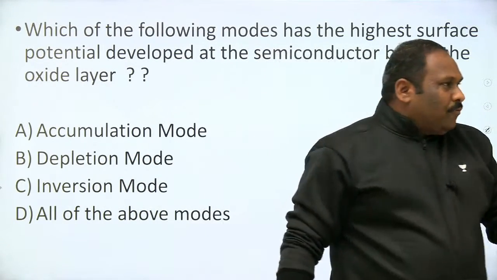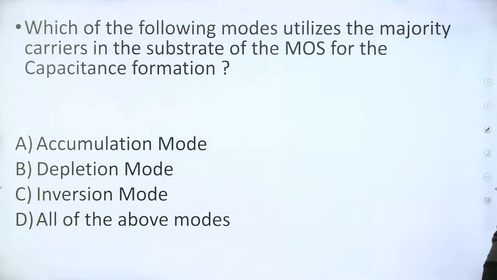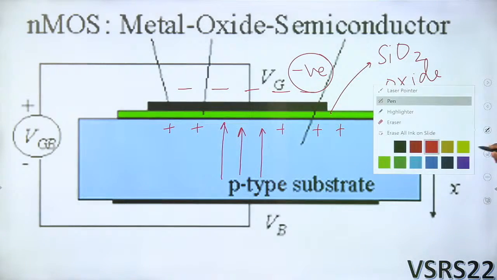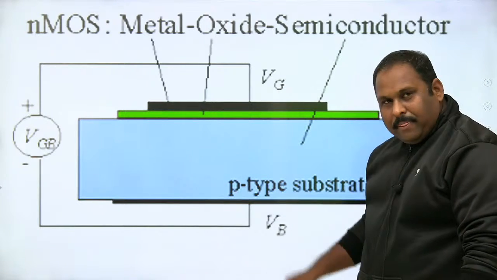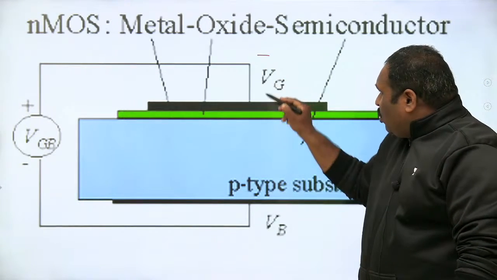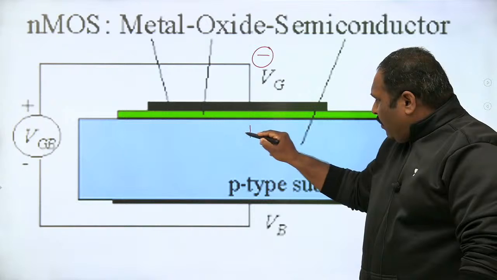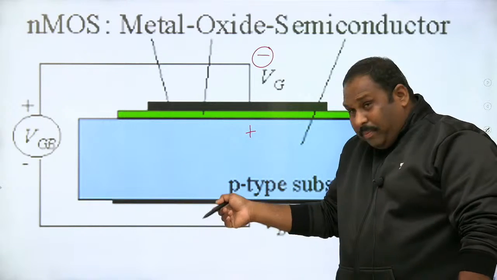The interesting aspect of inversion mode is again the same point, students. If you watch carefully, for the P substrate, when I gave a negative voltage, a plus charge forms here. All the majorities are coming.